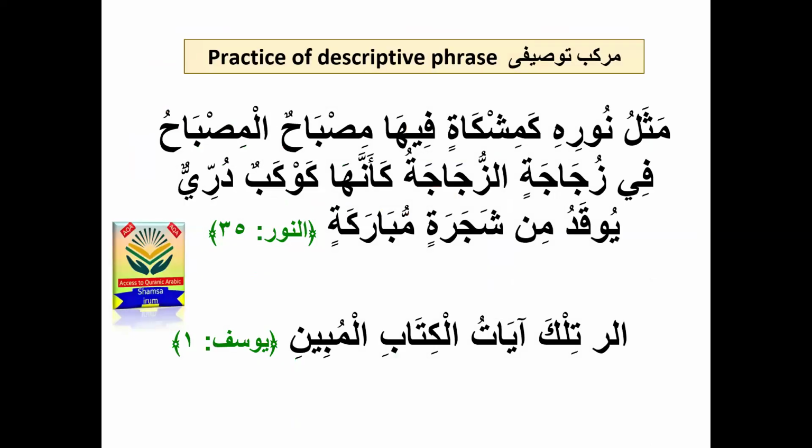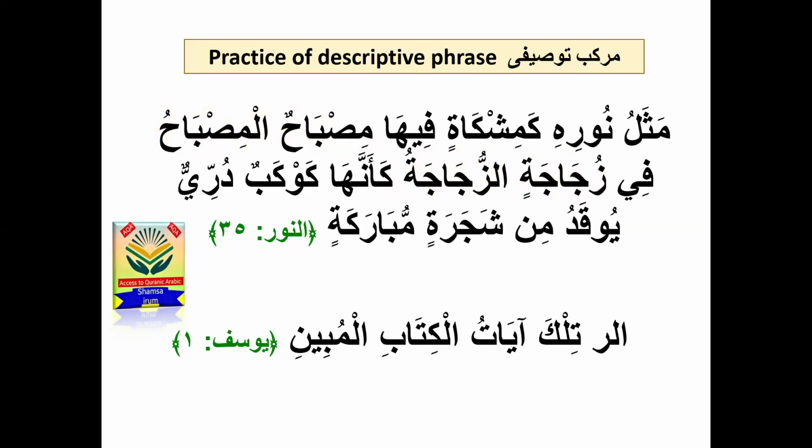On the next page, also what you have to do is just pause the video and find the descriptive phrase. First, if I circle these two, are they a descriptive phrase, yes or no? I hope you will say no. They are not a descriptive phrase because misbahun is nakira, al-misbahu is marifa.